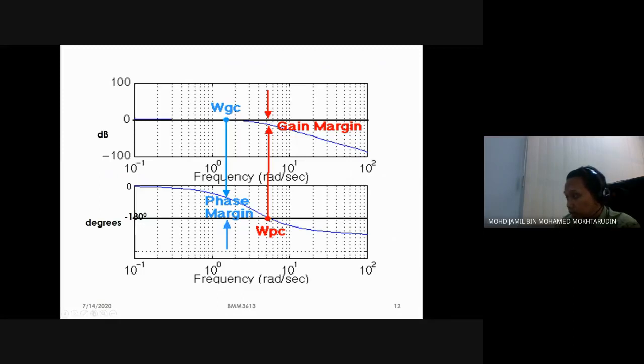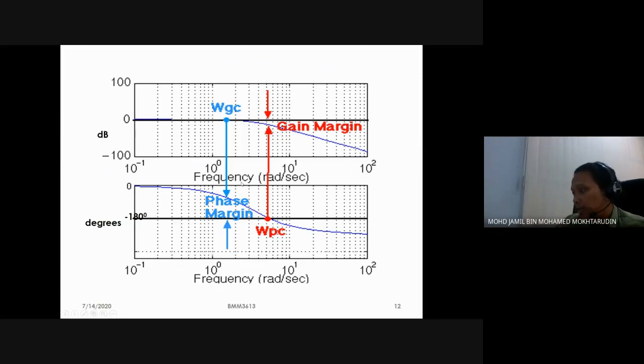The gain margin frequency, this one, omega PC here, is the value of frequency at negative 180 degrees of phase. From the gain margin frequency, you look for the gain margin, which is the difference of this plot from 0 decibel.